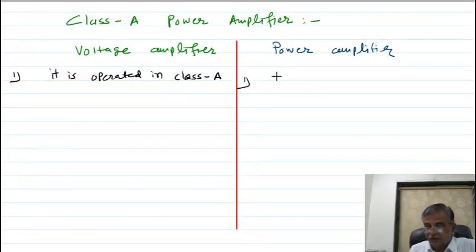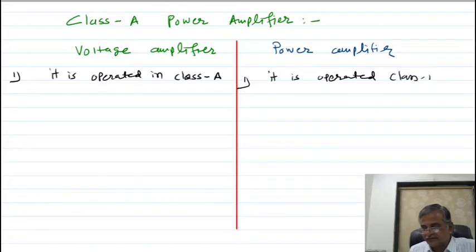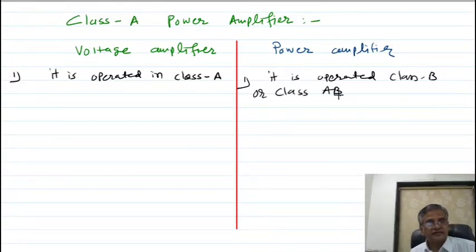A power amplifier is operated in class B and class AB mode.